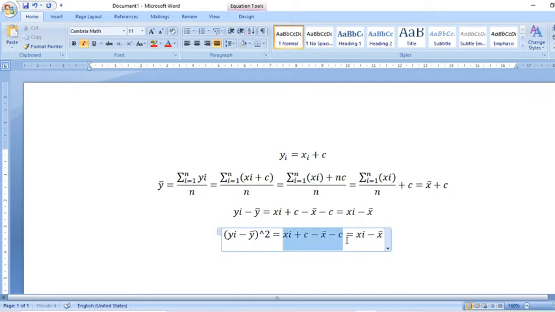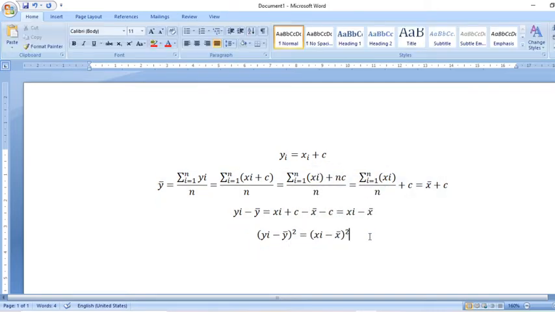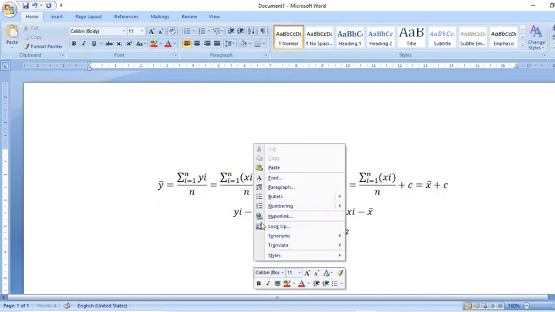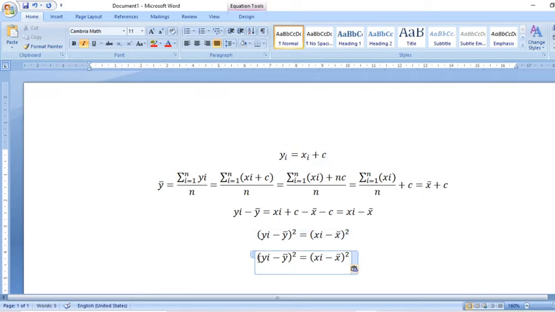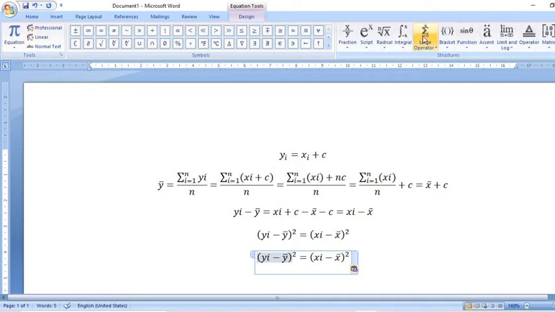This square equals this square, and then take the summation. This summation can be taken inside.